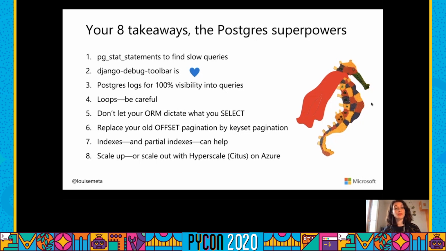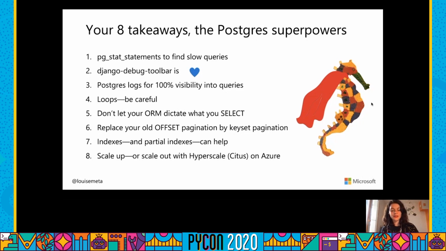Django debug-toolbar is a really cool tool. It might not be enough for you, especially if you are not always using templates and views to get data. In which case, Postgres logs is what I would recommend 100% all the time because it gets you visibility into the queries.